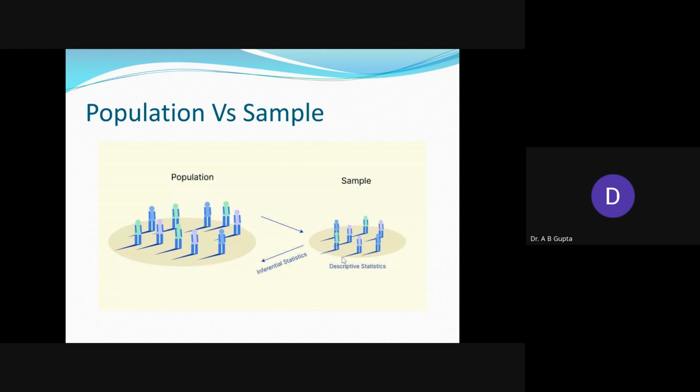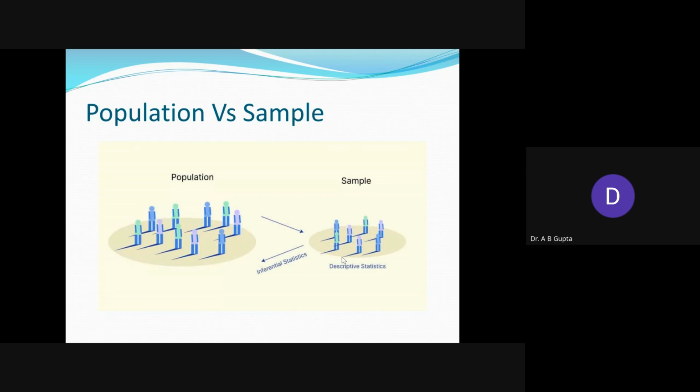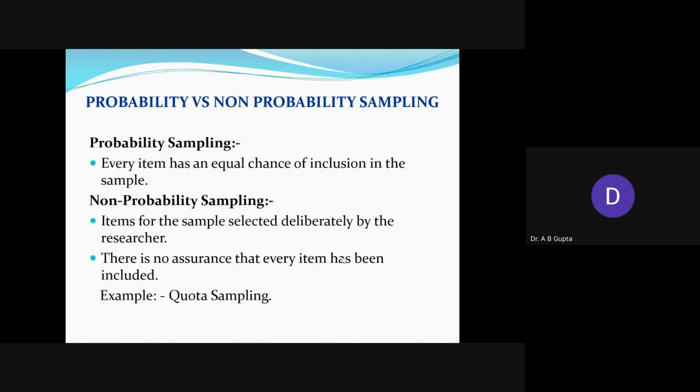Okay, but how to select the sample? That again is very important, and we will discuss sampling and various steps of sampling techniques. Okay, but broadly speaking, there are two types of sampling: probability sampling and non-probability sampling.